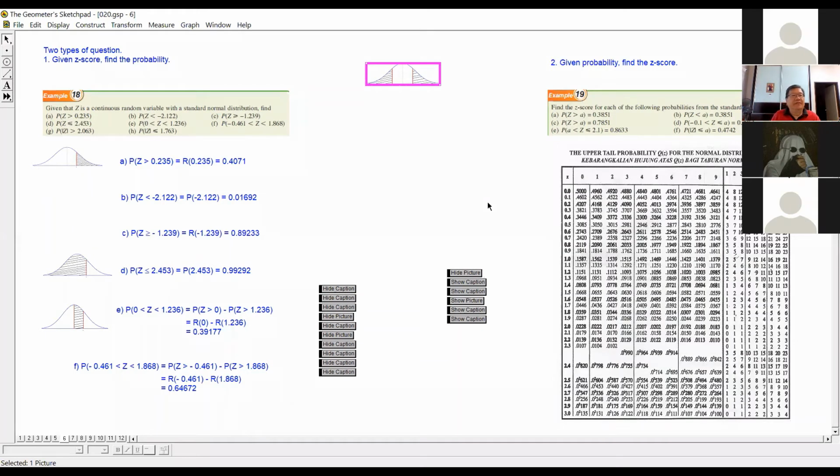What minus what? Okay, right. So, what's the answer?